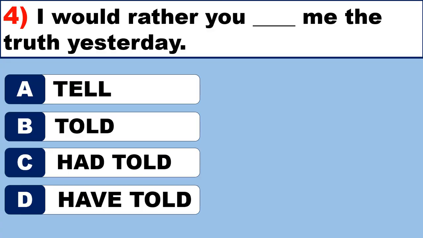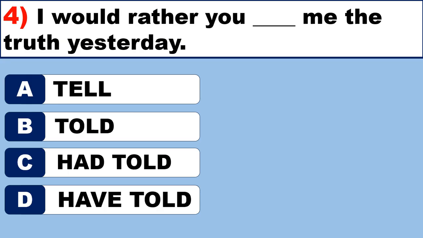Number 4: I would rather you tell me, told me, had told me, or have told me the truth yesterday. Here it is yesterday, and would rather expresses preference. When you have would rather in a present situation, would rather plus subject, it is preterite.